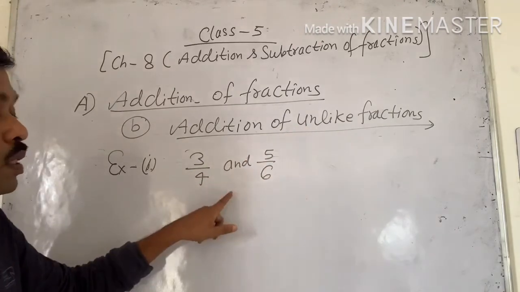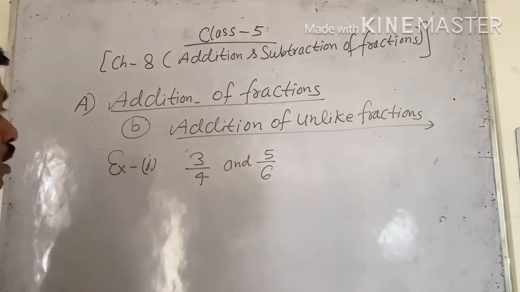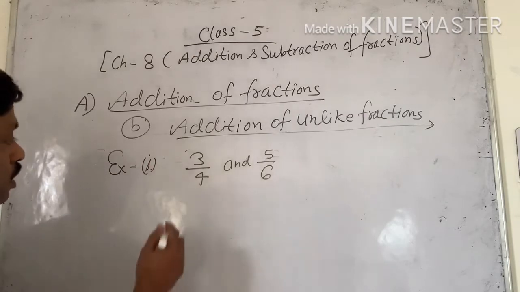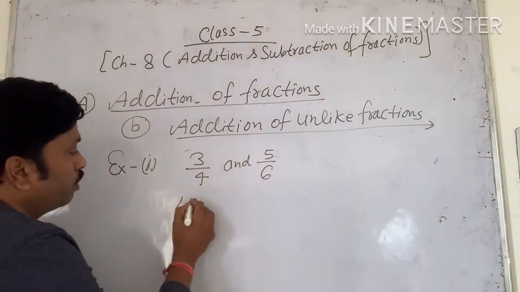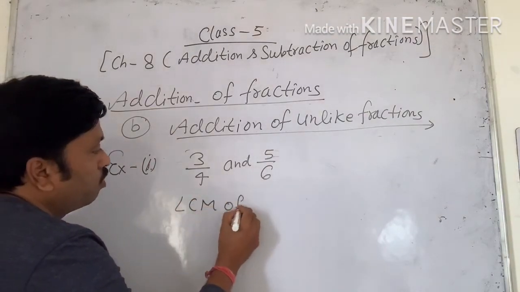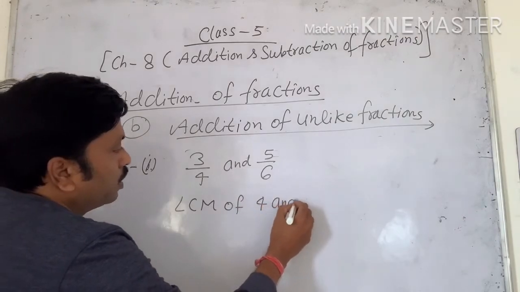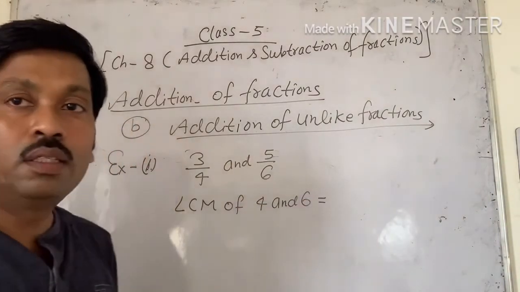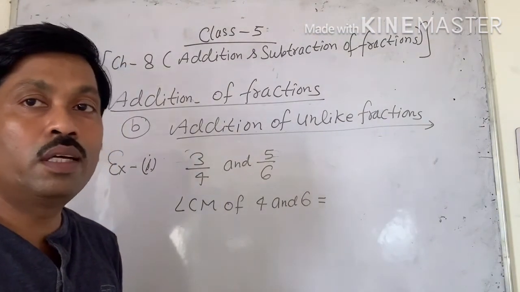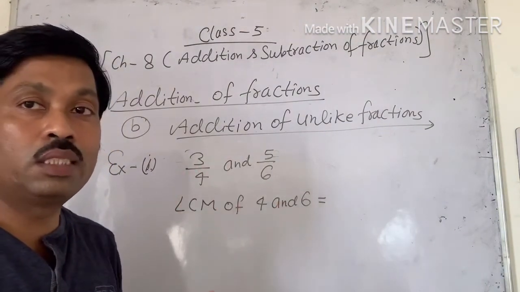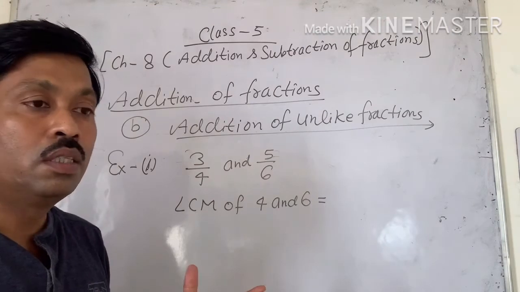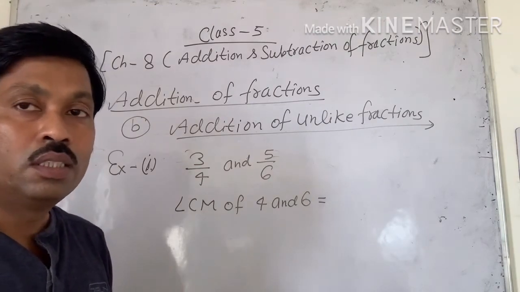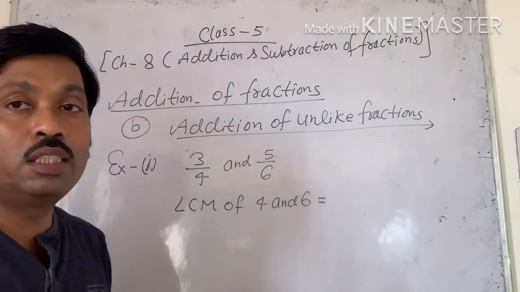Now for this purpose we can add them. Firstly, we will find the LCM of 4 and 6. Okay, you know very well about that. How can we find the LCM? In the previous chapters, we have already discussed how we can find the LCM.